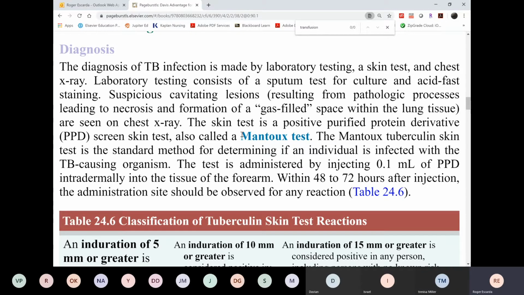So to confirm that it is not a false positive, we have to do a QuantiFERON Gold. The QuantiFERON Gold test is not affected by the BCG vaccine. Meaning, if you're positive on a QuantiFERON Gold test, then that means you have been exposed to TB. Does that make sense? Okay.